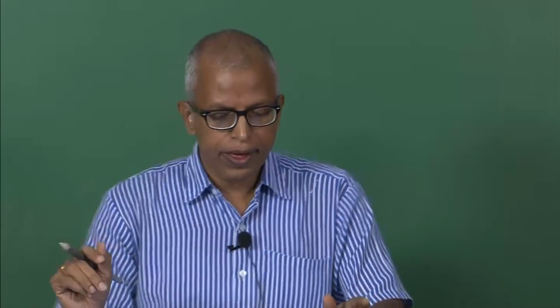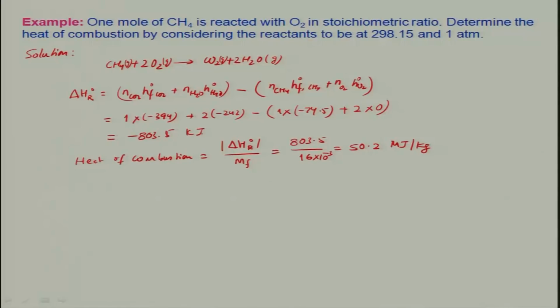And if it is a liquid instead of gas, what will happen? The CH4 will be gas, definitely, and oxygen too, but carbon dioxide and water can be liquid. This is your gas case. Why are we doing this?